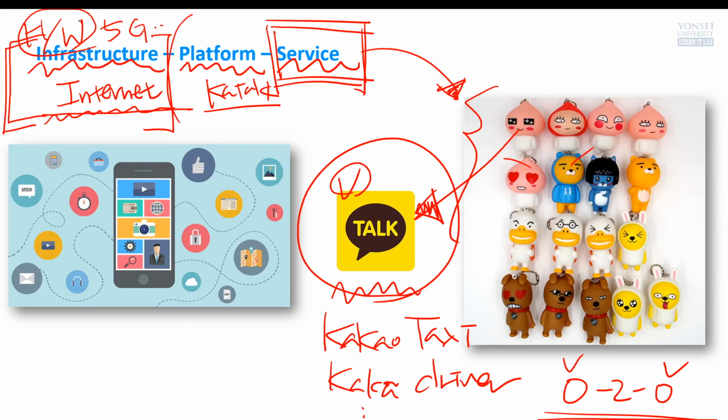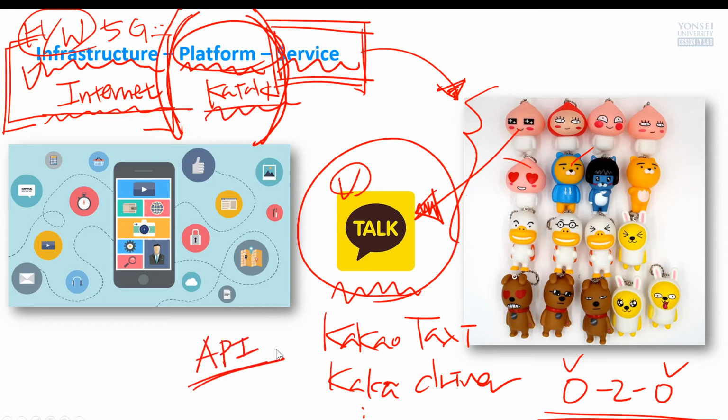But the point is, we cannot do anything about this infrastructure. It's totally someone else's task. What we can do something about is the platform. We can learn the platform, and the platform provides us an open channel, open APIs.